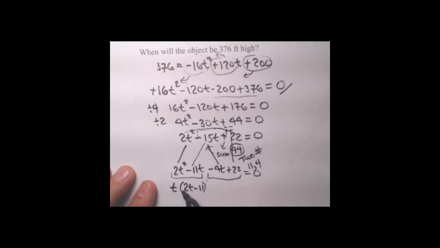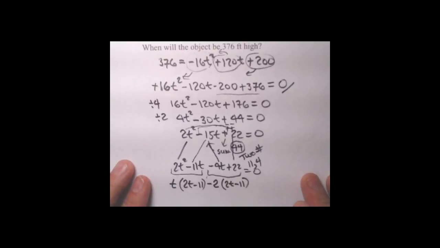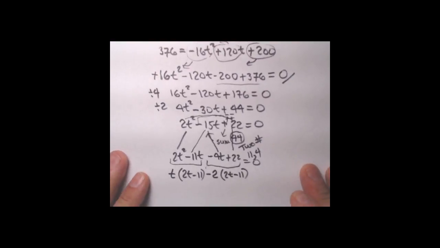Well, compare the signs. First to first, plus to minus, that's opposite. Compare the second, minus to plus, that's opposite. So that means we're going to factor out the minus version of the 2. And when we do that, we get 2t minus 11. Remember, this should always work for us here. If we haven't made any mistakes up above, factor by grouping is guaranteed to work here with the AC product.